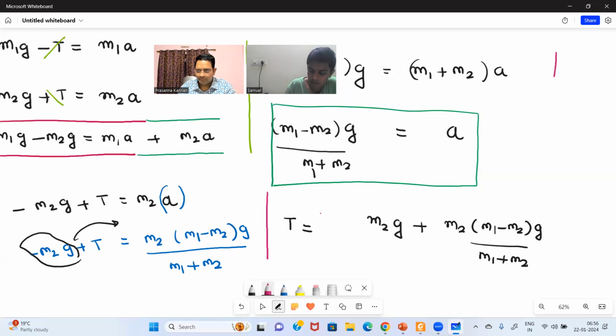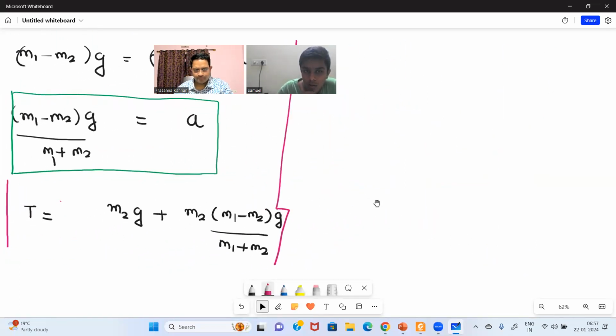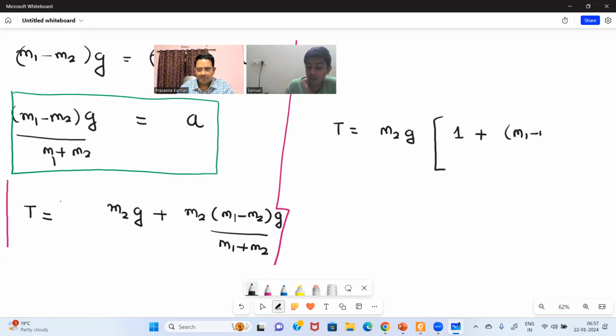From these two, what would I take common? M2 and G also. What is remaining? M1 minus M2, divided by M1 plus M2.